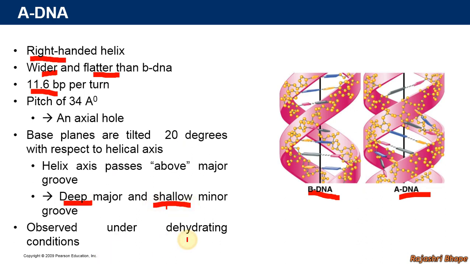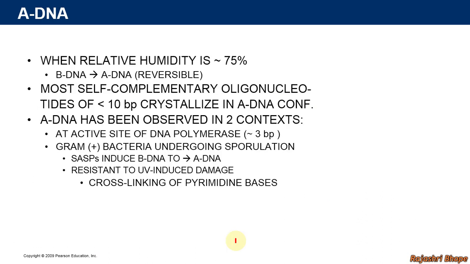Observed under dehydrating conditions. When relative humidity is approximately 75%, bDNA form is converted to aDNA form. The process is reversible.